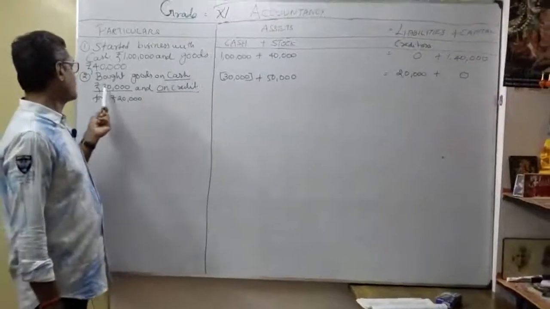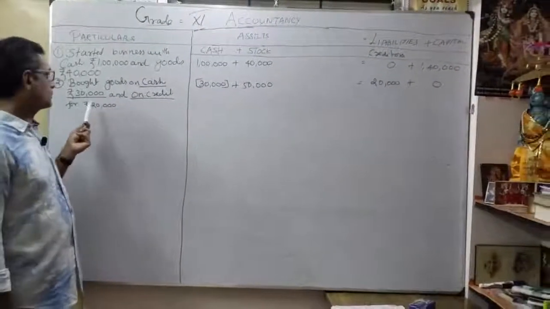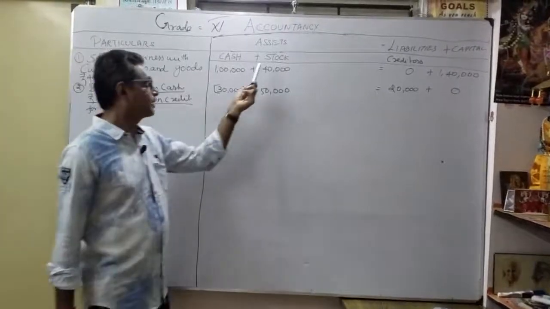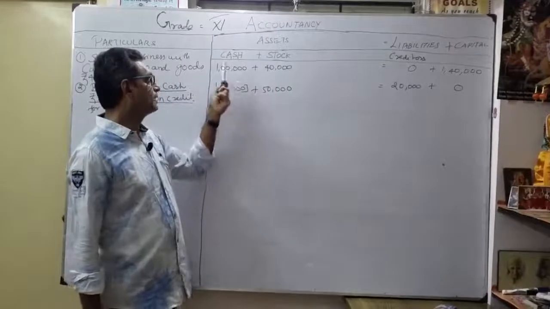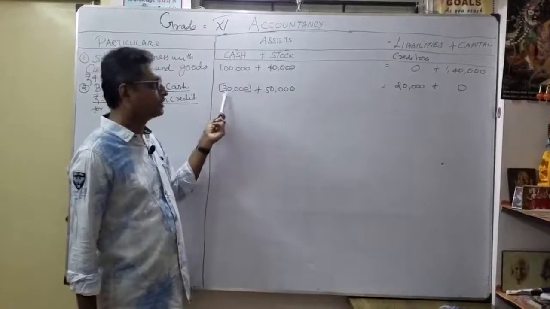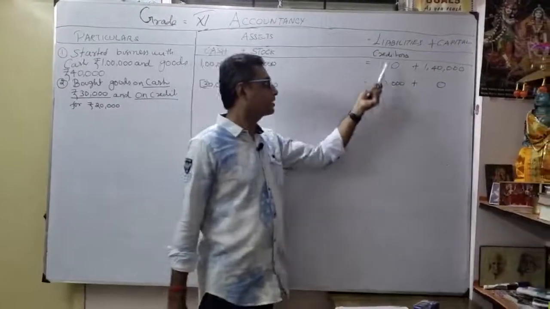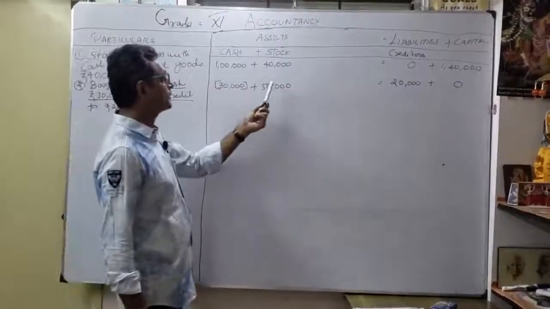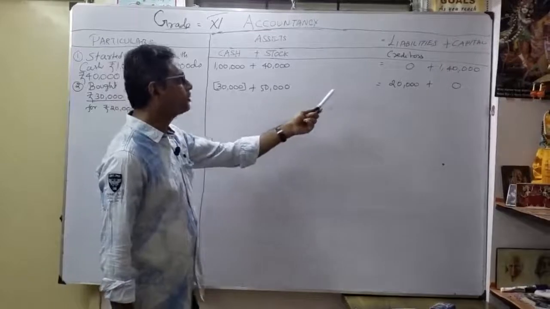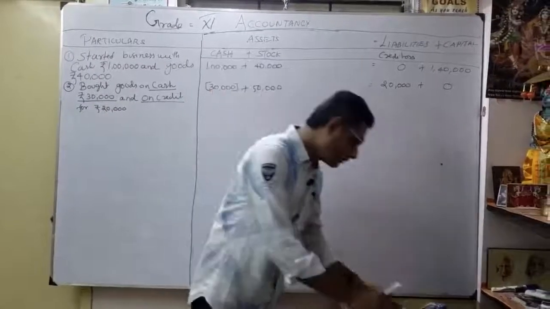Cash how much? 30,000. On credit basis how much? 20,000. Together I put in stock 50,000. How to compensate this 50,000? My cash reduced by 30,000, and similarly 20,000 on creditors. You understood? That's the idea here.